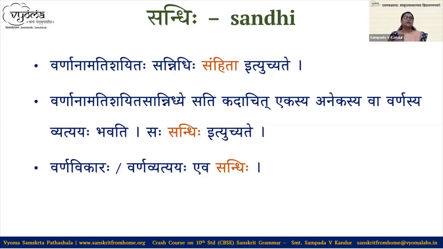That's why I'm telling you: the last letter of the first word and the first letter of the second word, end of first and start of second, those 2 letters are responsible for following the rules. The rest of the word does not get any effect. So that is the first basic rule of sandhi.